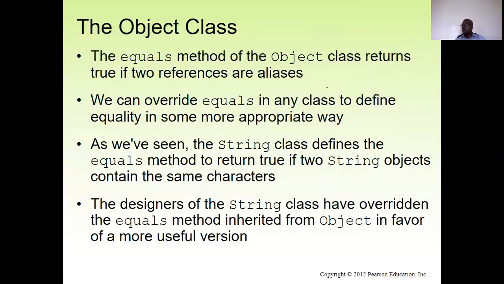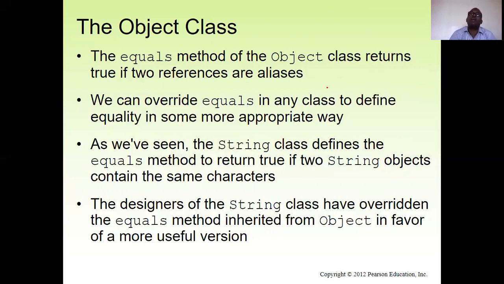You don't want to use that, which is why for every class you write, it is strongly encouraged you write a toString method. The toString method takes in nothing but returns a string. That's its signature.